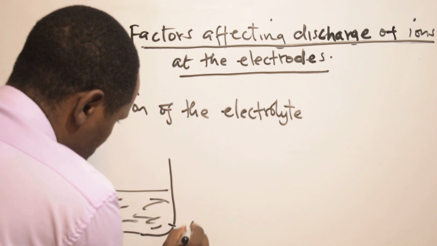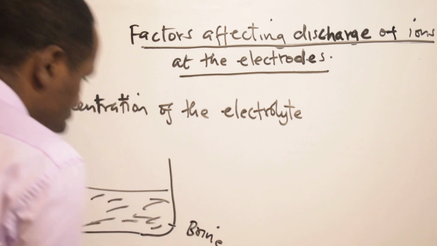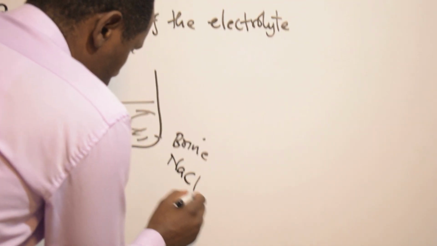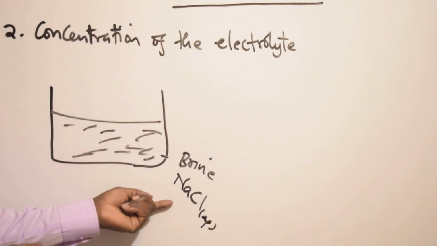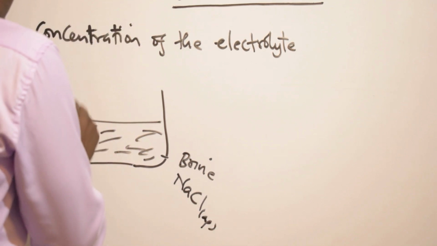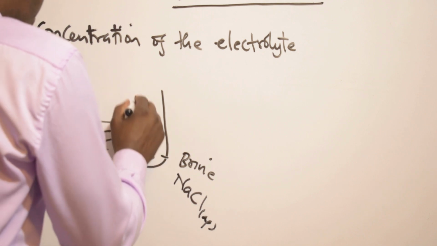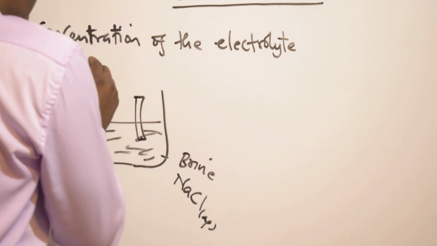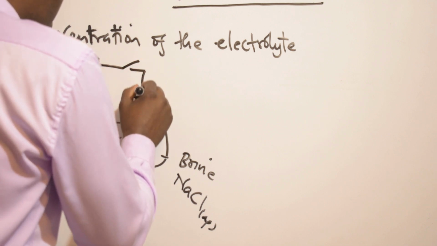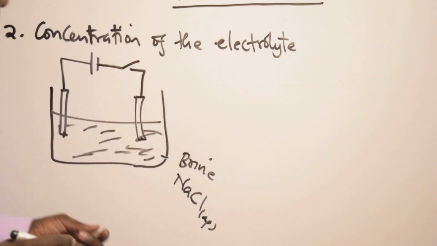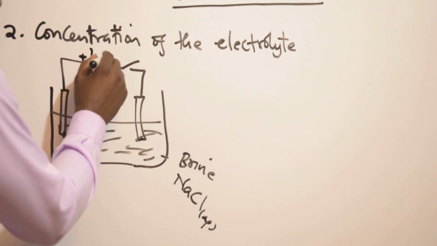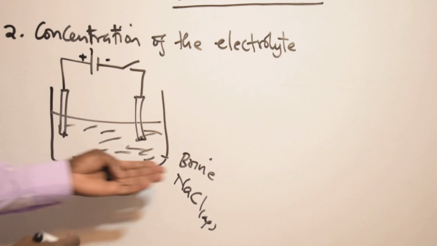Now, if this here is my brine, which is concentrated sodium chloride, then I'm going to have my inert electrodes. This is my positive terminal, and this is the negative terminal, and this is brine here.